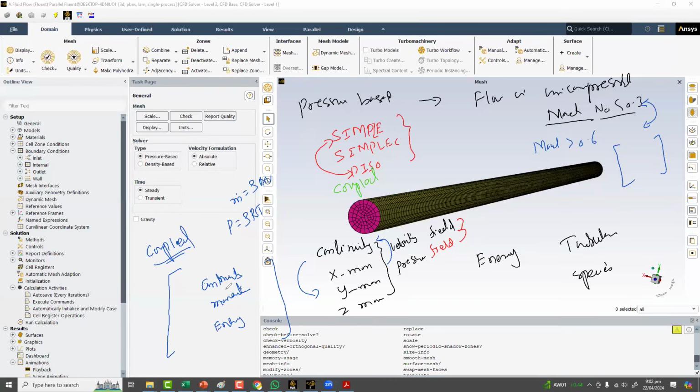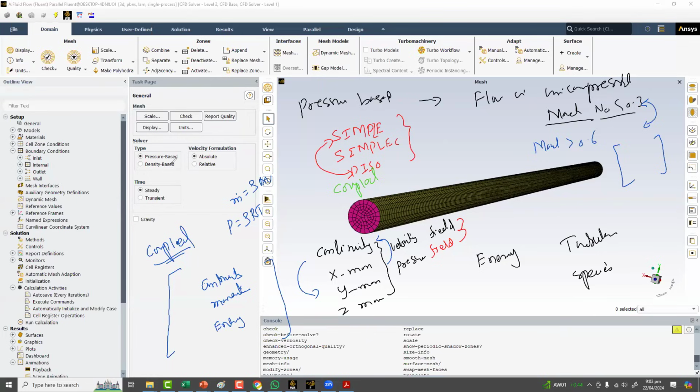But that's the most expensive thing. And that's why I told you that for 1 million cells, we may require 2 GB RAM when we are solving with SIMPLE. Coupled may require 2.5 GB or 3 GB, but for the density-based solver, we need 4 GB RAM. So when you go with the density-based solver, this is for missile simulation, aircraft simulation, any flow higher than Mach 0.6.